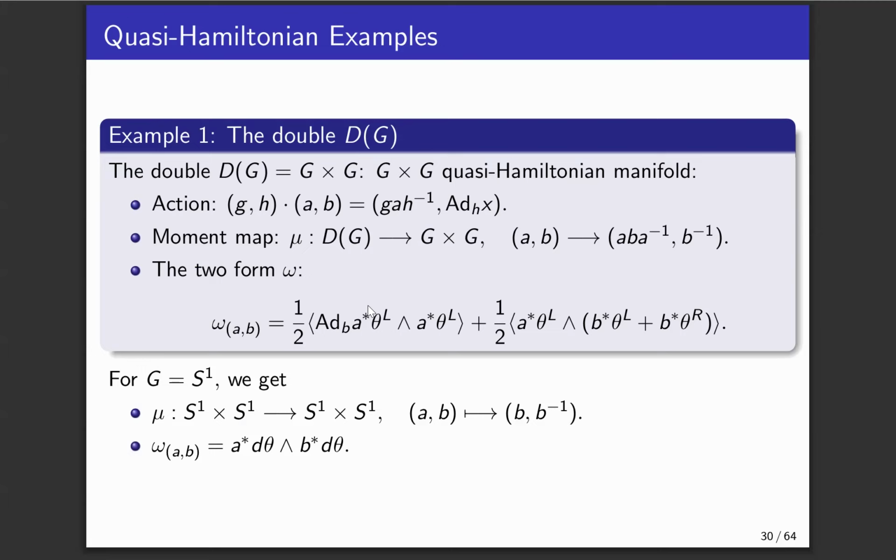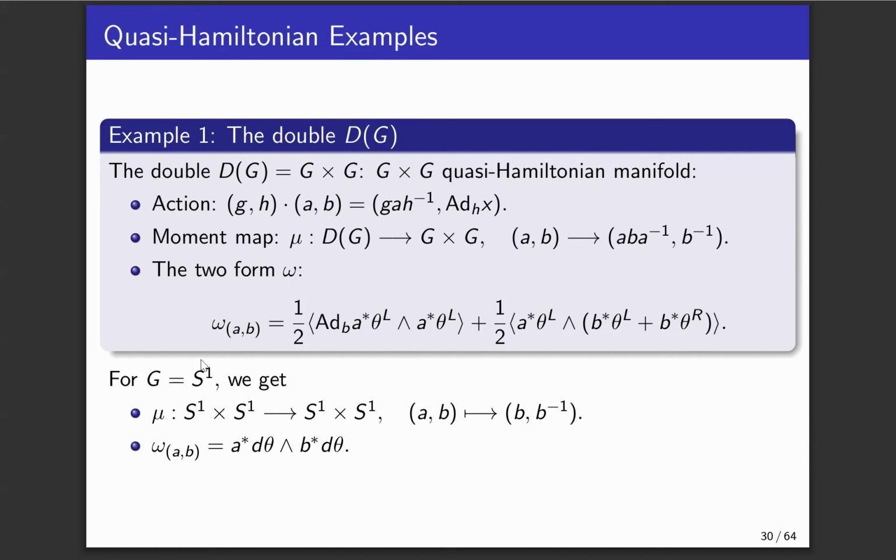A lovely example, always with the circle. If G is the circle S^1, then the quasi-Hamiltonian structure is easy to describe because the momentum map is given by B and B^{-1}, and the quasi-symplectic two-form is given by the following.